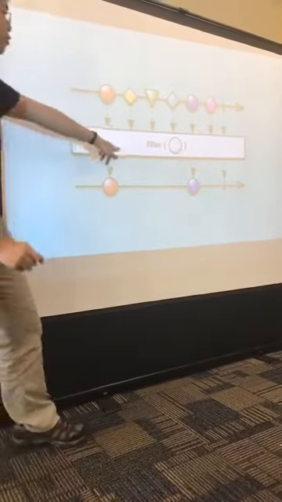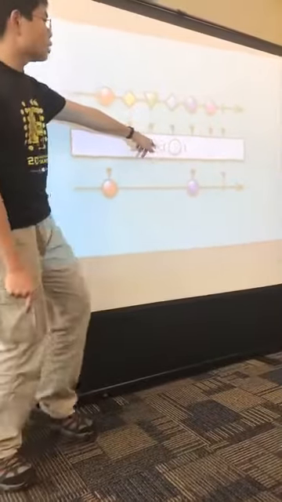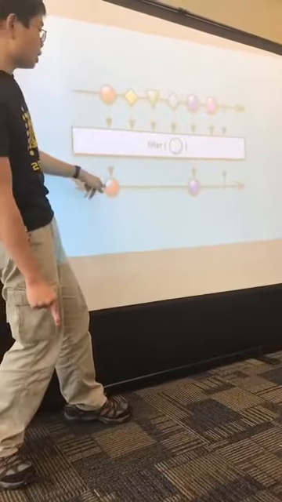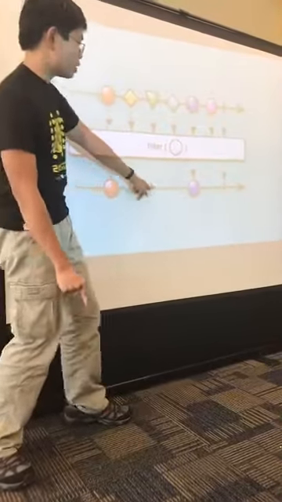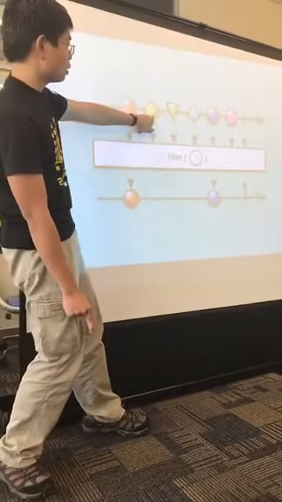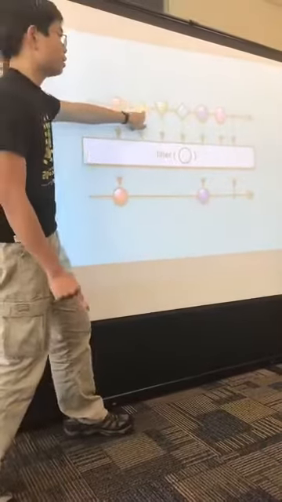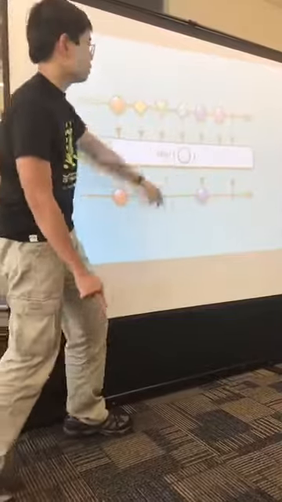So for example, in this filter function, you see that I'm only accepting circle elements. As a result, I'm only receiving back a list of circle elements, and I'm ignoring this element and this element because they're not circle elements. I'm only accepting circle elements.